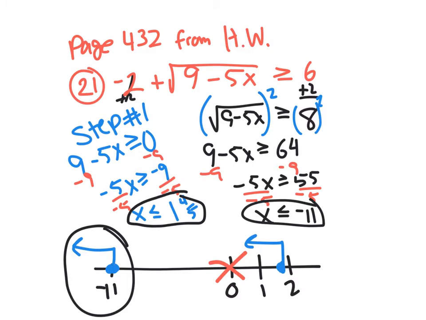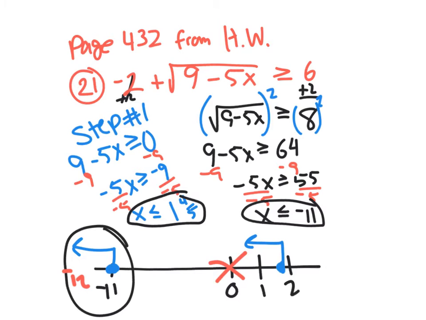Let's try negative 12, which is clearly on the left side. Okay, on a calculator, 5 times negative 12, that's going to be negative 60, but with the minus sign, it'll be positive 60. So you have really 69 in here. And if you do the square root of 69 on a calculator, you end up with 8.3, okay?